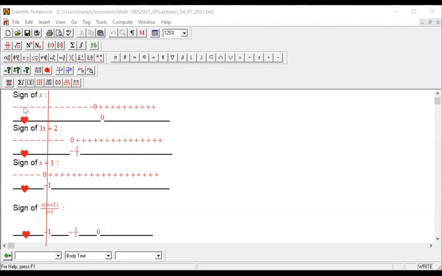That's right, because in your quotient, there are 3 negative signs, right? So these will be negative. At -1, what happened at -1? The denominator will be 0, so that's undefined. Follow me?